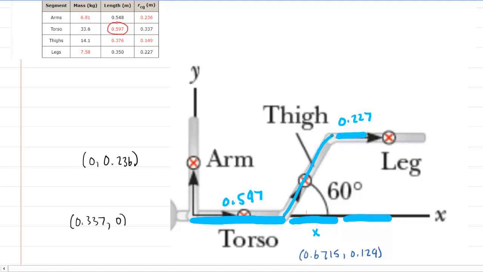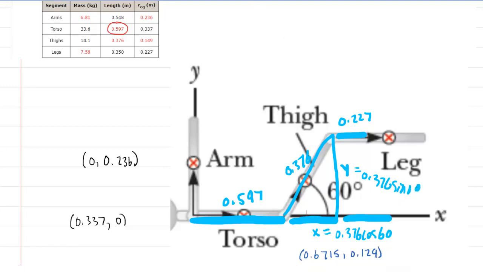So let's make ourselves a right triangle like this. We'll call that y. Now, the entire length of the thigh is 0.376. That serves as the hypotenuse of this blue right triangle. This little x-coordinate then is going to be 0.376 cosine of 60. And then this y is going to be 0.376 times the sine of 60.